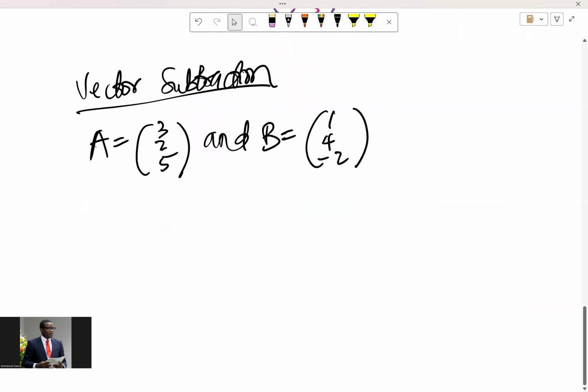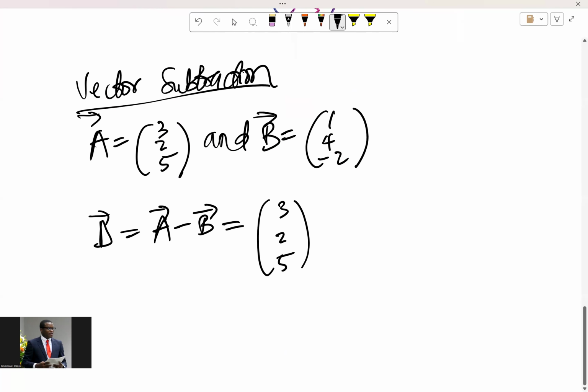So D is A minus B. That means we have (3, 2, 5) minus (1, 4, -2).